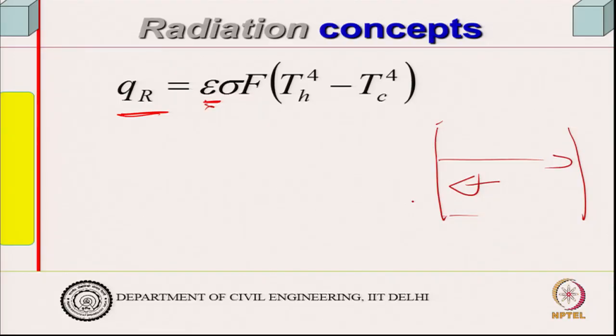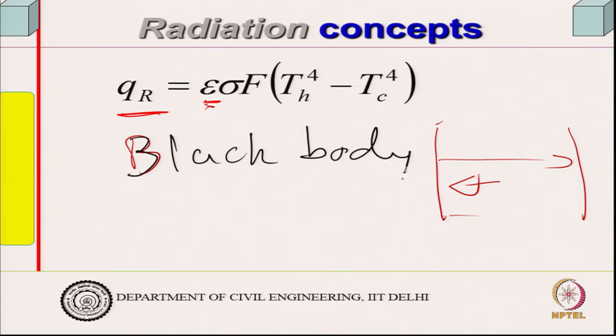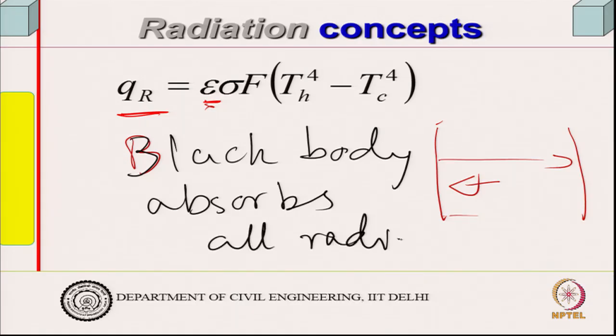Now, a perfect black body is one which absorbs everything, all radiation, right. So, whatever energy comes, it radiates.